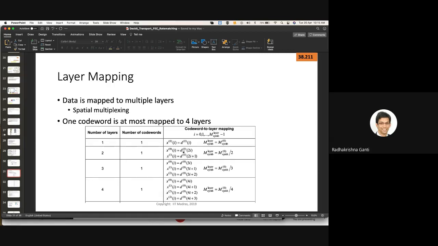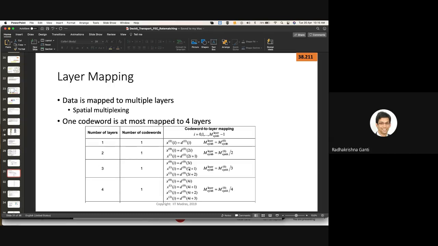You see that? D0 is the input, and X0 and X1 are the outputs. So they take the even indices into one layer and the odd indices into the other. If your input size is M symbols, the output of the layer mapper will be M symbols divided by 2 in this case, if the number of layers is 2.